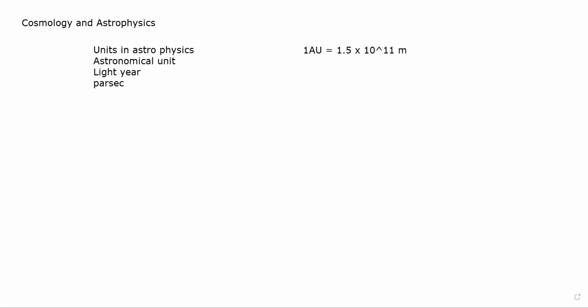In terms of meters, 1 light year is approximately equal to 9.46 into 10 to the power 15 meters. It is 15, sorry, I typed 14 here.